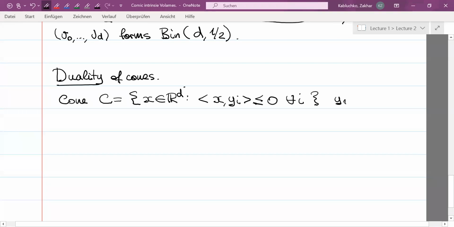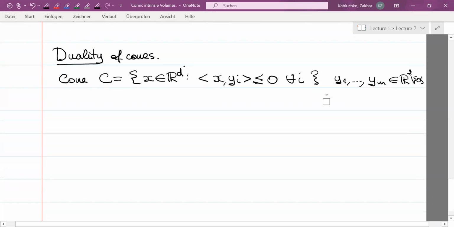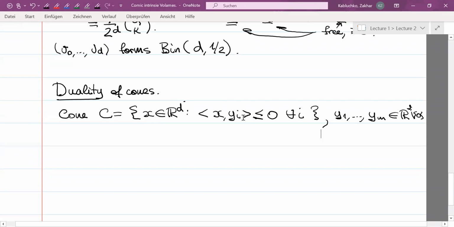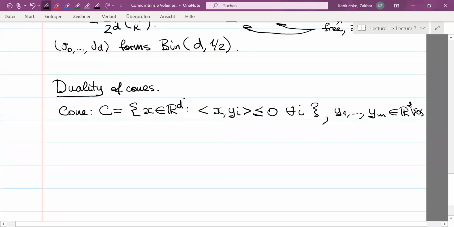And here y_1 and so on y_m in R^d, well, without 0 maybe, are the inequalities, so to say, which are satisfied by the points of this cone. So a cone is a set of points satisfying inequalities, and the dual cone is defined as the set of inequalities satisfied by the cone.